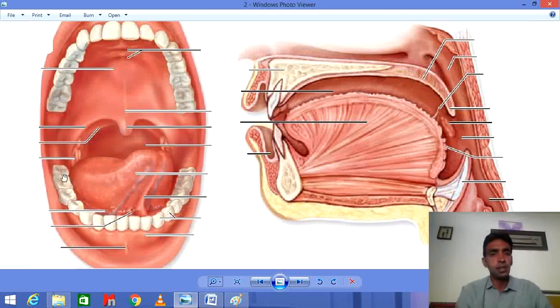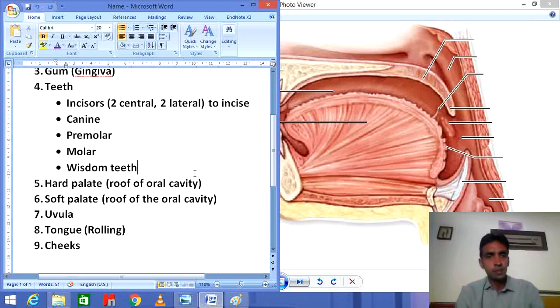You can see that all of these are aligned, but the wisdom tooth which generally occurs here is not aligned. If the wisdom teeth are aligned, then you can use them for chewing, but generally they are not in an aligned position.